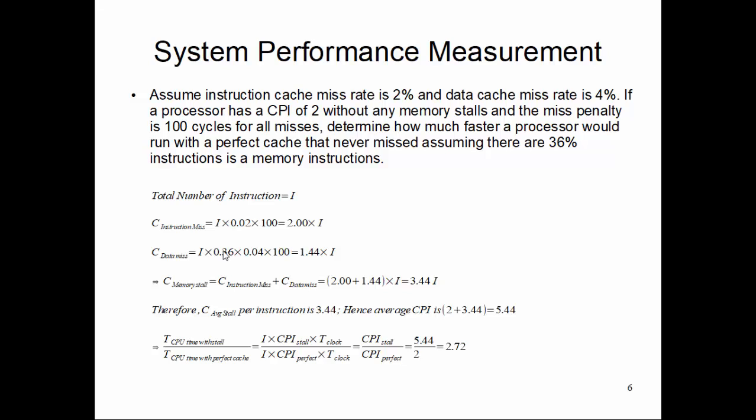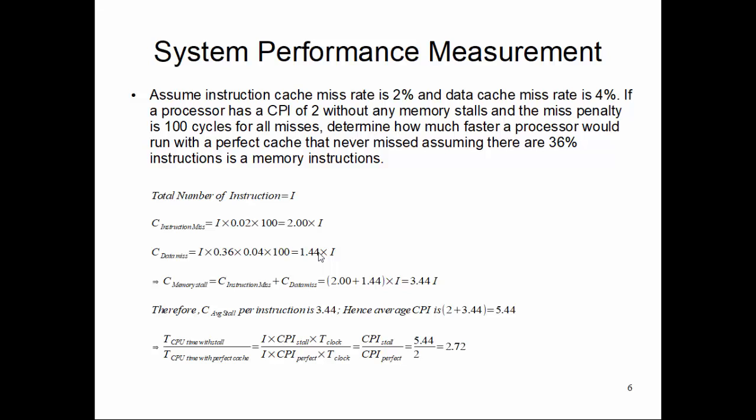Now the data miss: out of the total I, 0.36 of them are data access instructions, like load word or store word, which incur a 4% miss rate, 0.04 multiplied by 100, which gives you 1.44I cycles for the data miss.